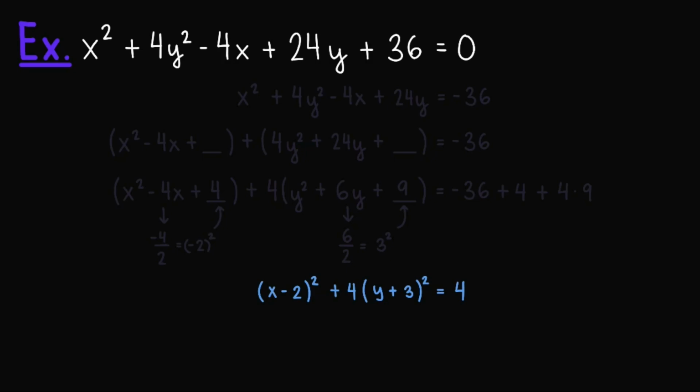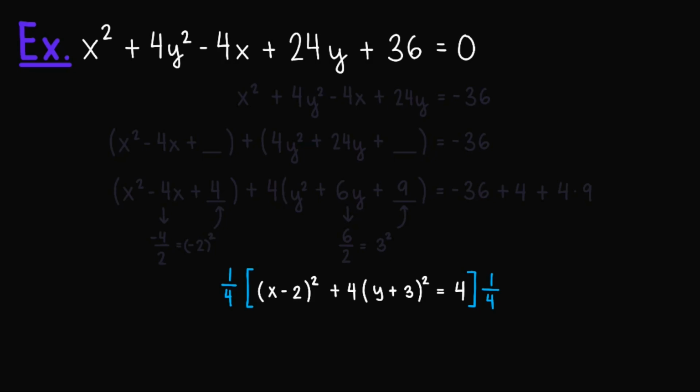The only thing that's left is, recall that in the ellipse form equation, the right hand side must be equal to 1. So we need to find a way to make this become 1. The best thing that we can do is multiply 1 over 4 on both sides of the equation.